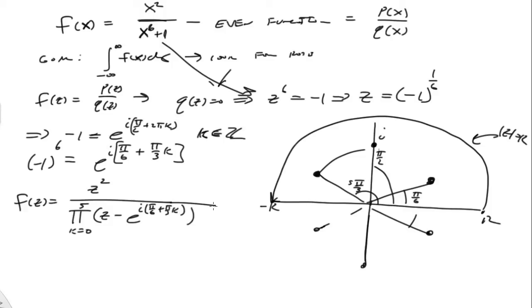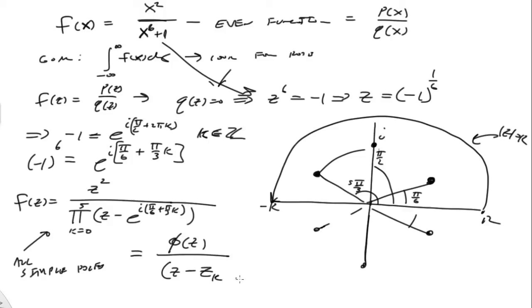All right, so that's a somewhat tricky function, but now we're really just looking for those 3 poles that are up here. And notice that this has all simple poles. And that means I can rewrite this function as a phi of z, which is analytic at each pole, divided by z minus zk.